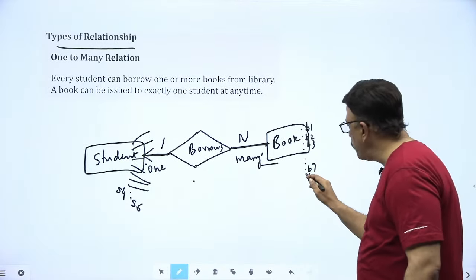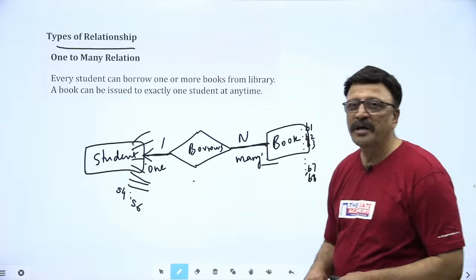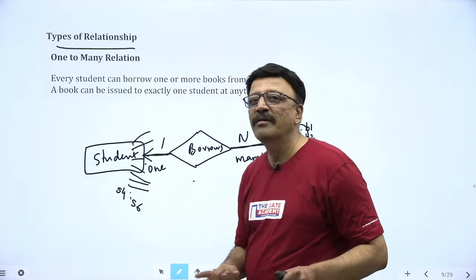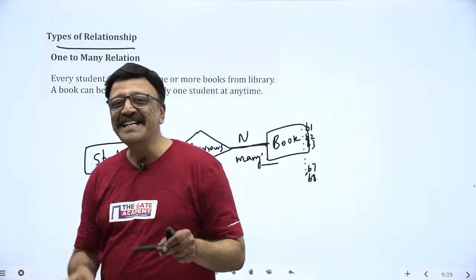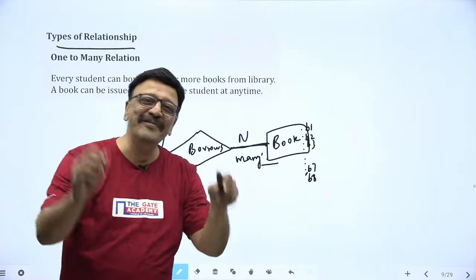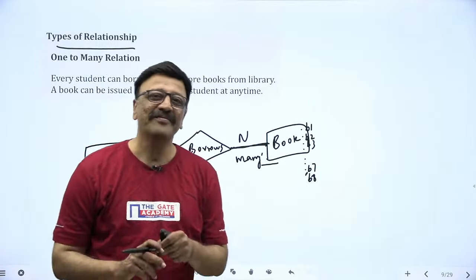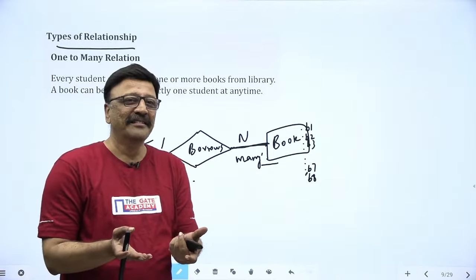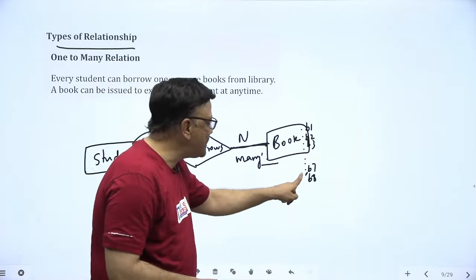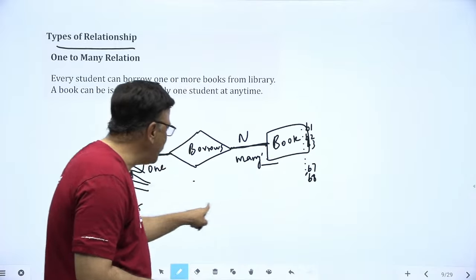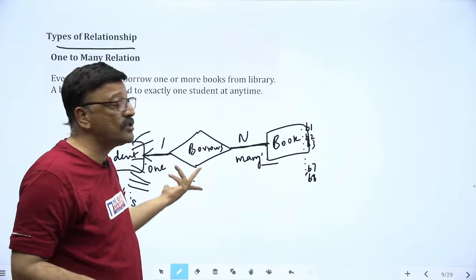And this B8 book, I don't know why, but none of the students have ever borrowed this book. It is lying on the shelf since when it was bought for the library. It can happen. Then this book will not participate in the relationship. At least right now it is not participating.